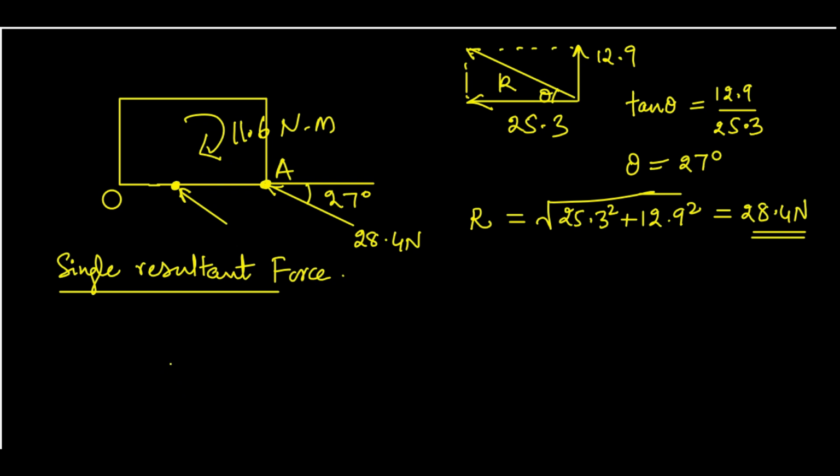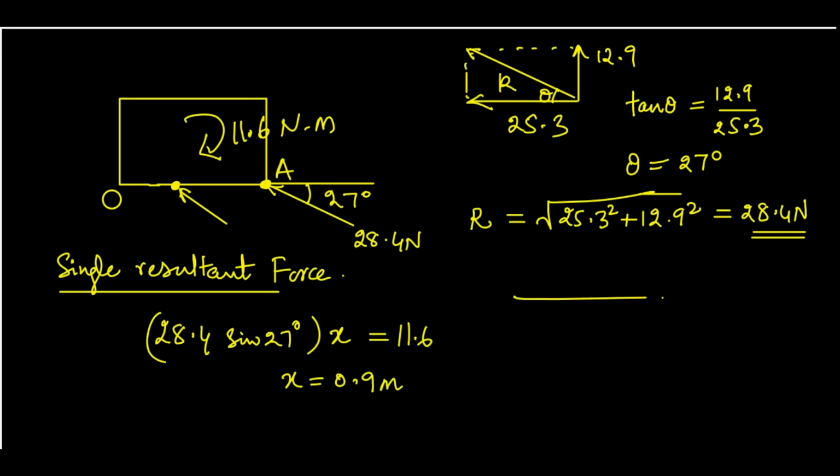Only the vertical component will cause the moment. So let's say 28.4 sin 27 degrees times some x is equal to 11.6. This x will turn out to be 0.9 meters.